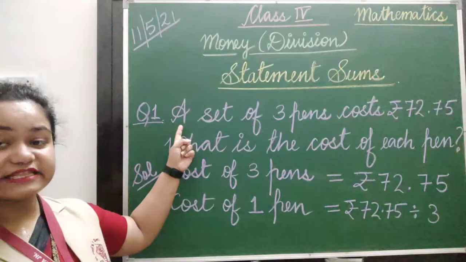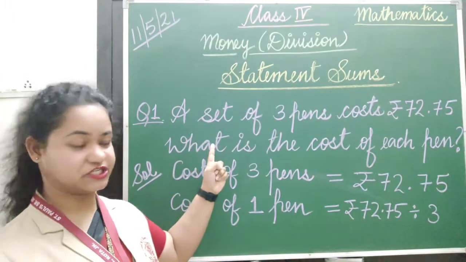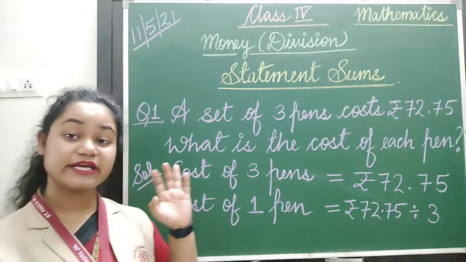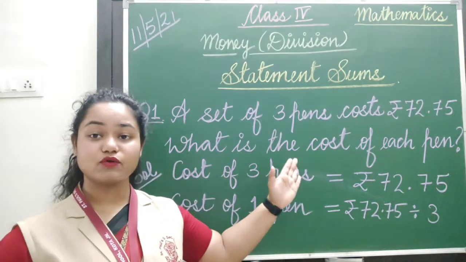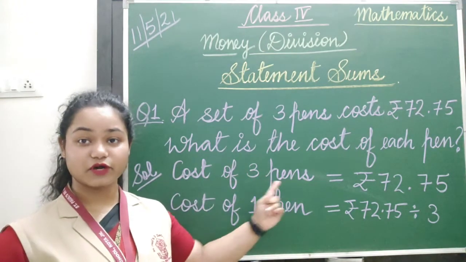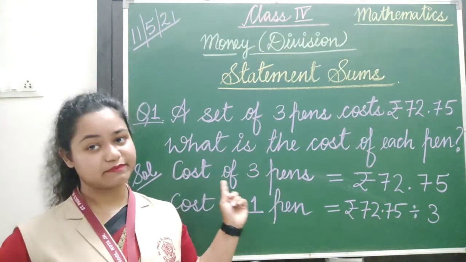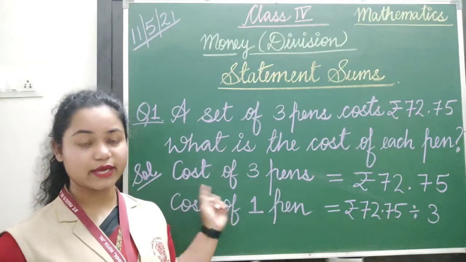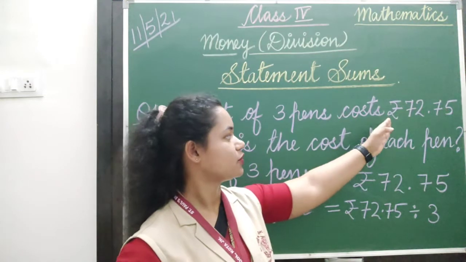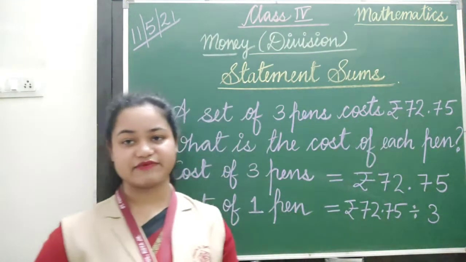So see the first line of the question. You have to notice very carefully what information is given there. About that information only you are going to write here in your word problem. The statement which you are forming, that particular thing should be here. Okay. A set of 3 pens cost rupees 72.75 paise.